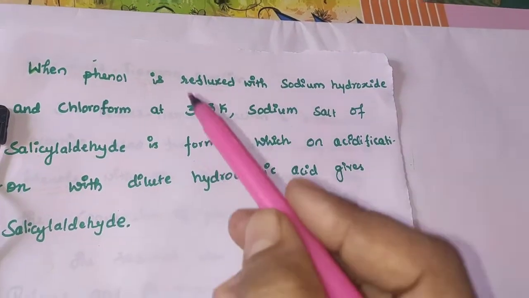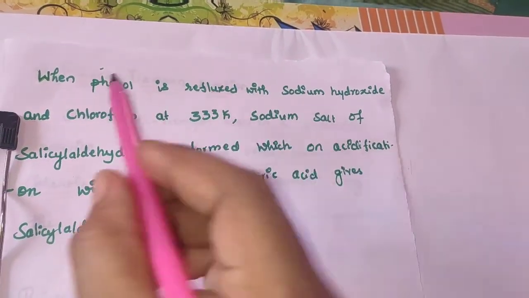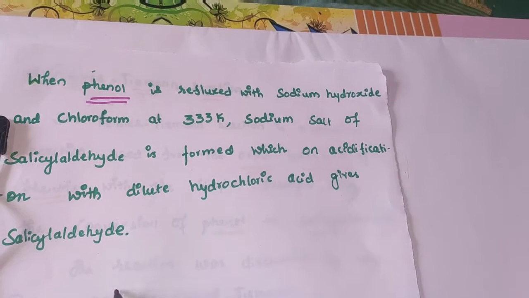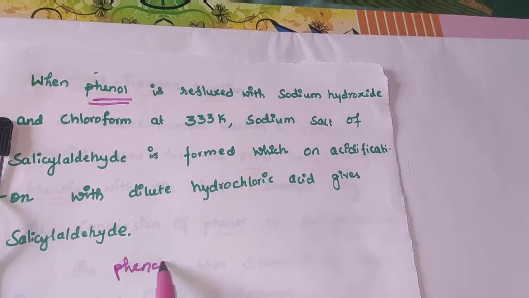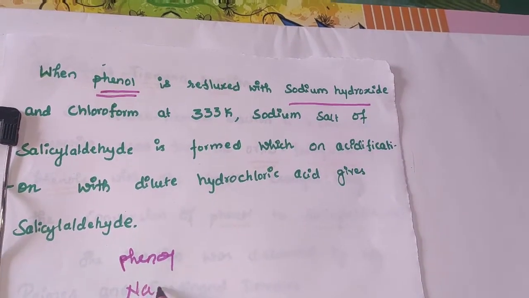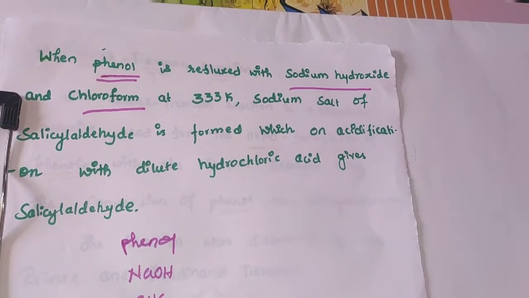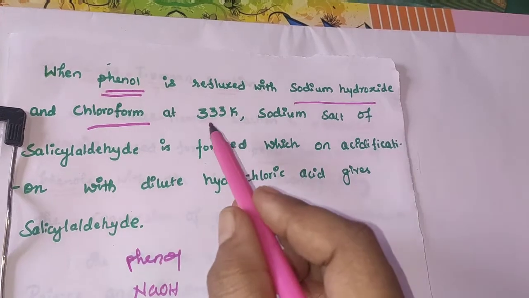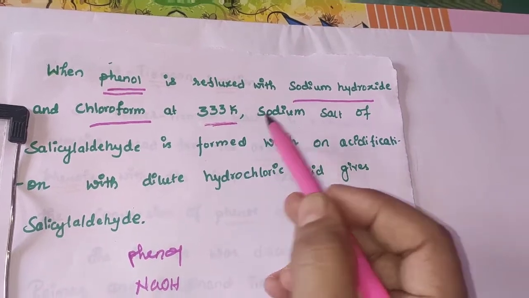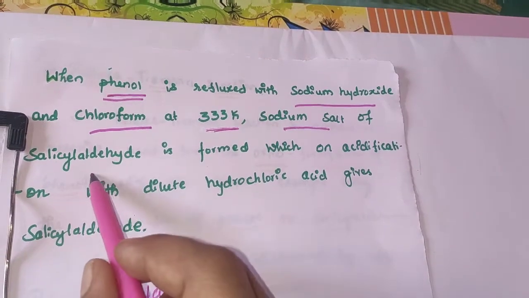See here, this is the reaction involved. The reactant is phenol, which is treated with sodium hydroxide, NaOH, and chloroform, CHCl3, at a temperature of 333 Kelvin. The intermediate product obtained is the sodium salt of salicylaldehyde.